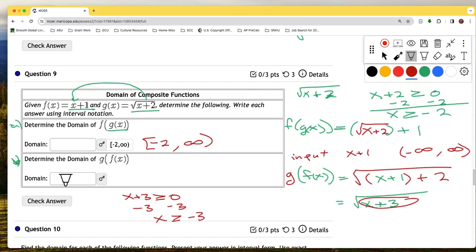So our domain here is x is negative 3 or bigger. Okay, so see how that works. We checked the input function and it had no problems, it's everything, but by the time we get to the output function, we have to restrict the domain. The domain gets restricted because we don't allow for imaginary answers.